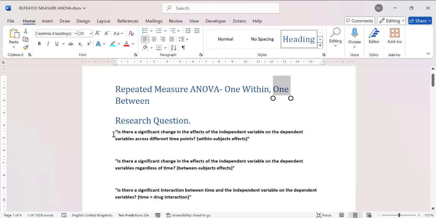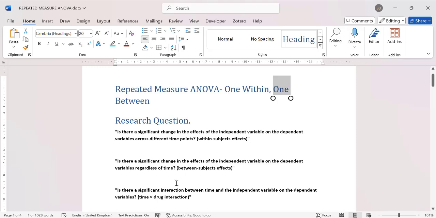Question number 1: is there a significant change in the effects of the independent variable on the dependent variables across different time points? That kind of effect is called the within subject effects. Whenever you are factoring in time in your analysis, you are looking at the within subject effects.